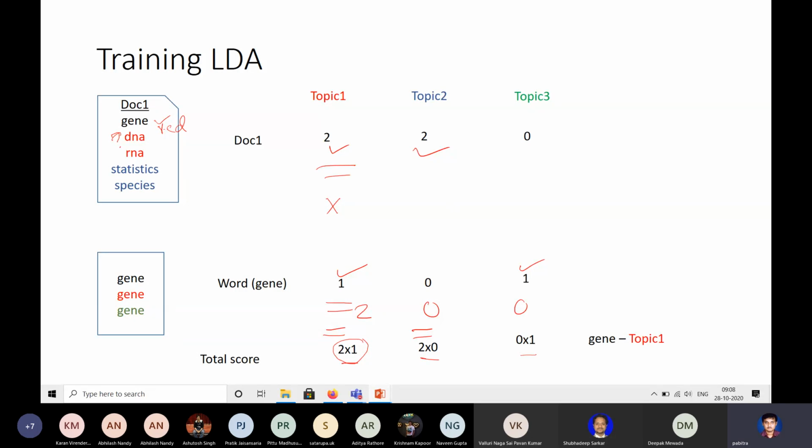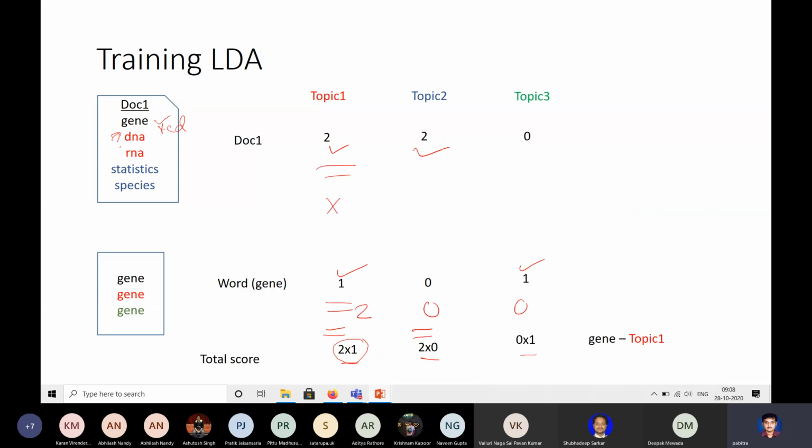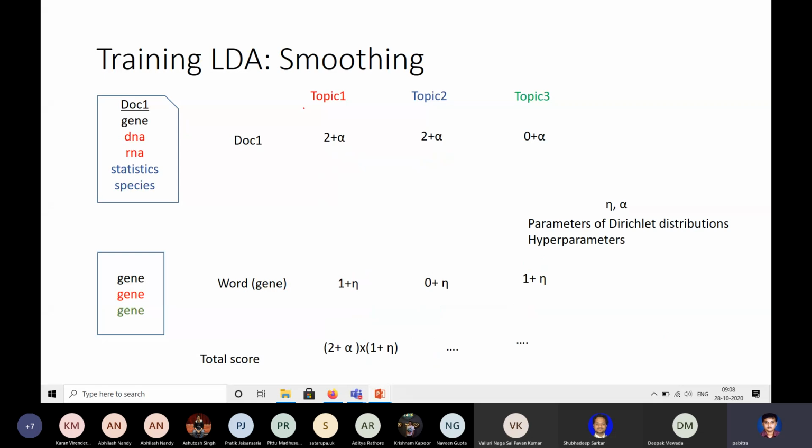So to solve for this, we offset 0 probabilities. Instead of taking these raw scores 2, 2, 0 or 1, 0, 1, you do a smoothing. You take 2 plus alpha, where alpha is a small number, 2 plus alpha, 0 plus alpha. This will be beta.